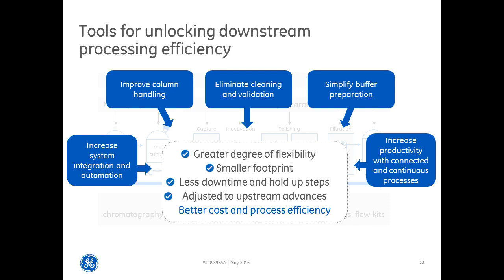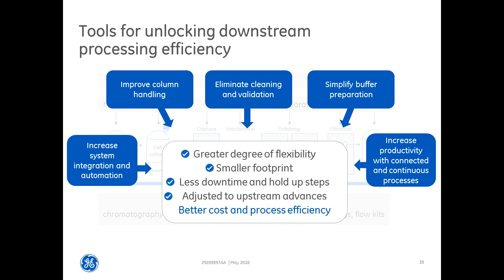All of this ties back into what we talked about initially in terms of market dynamics and market trends. And all of these things, either together or independently, have an impact on the flexibility you can achieve in your manufacturing process, the amount of footprint reduction, and reduction in downtime and cycle time.